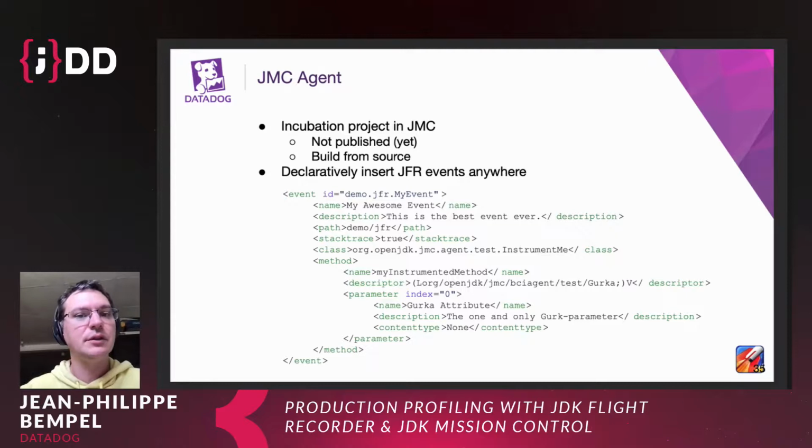The GMC agent will use instrumentation to insert those events for you. So you have to declare through this configuration which event, a custom event, my event, and also which class and method you want to instrument, and it will insert this event on the fly. And then you can dump the recording and look at those events yourself.